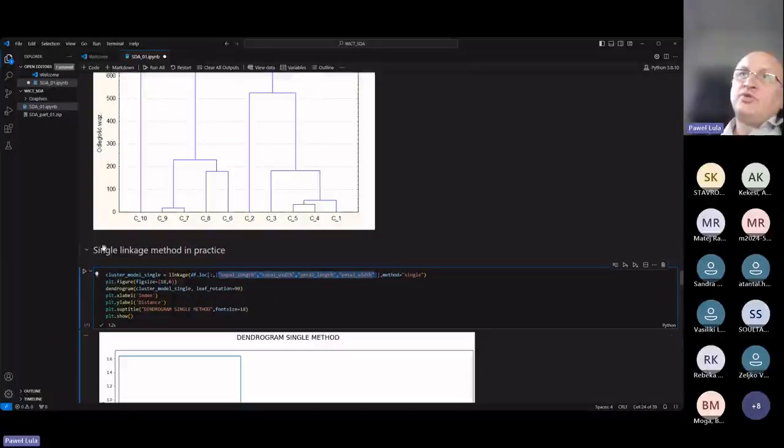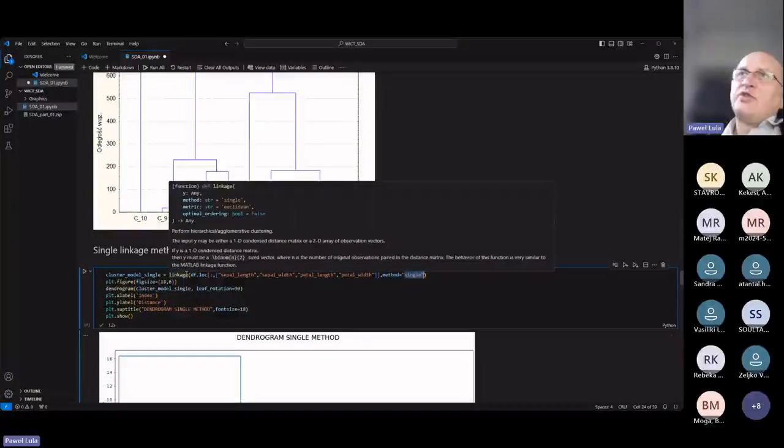And I want to use the single linkage method, therefore I use this parameter, single. Of course, we can also define a measure which I used for calculating distances. I used here the default way for calculating distances.